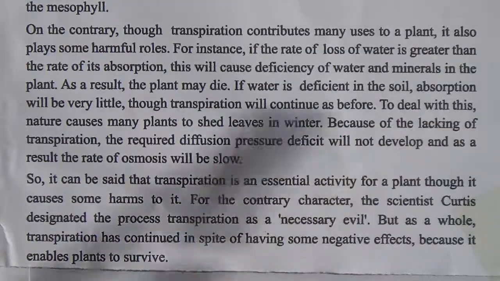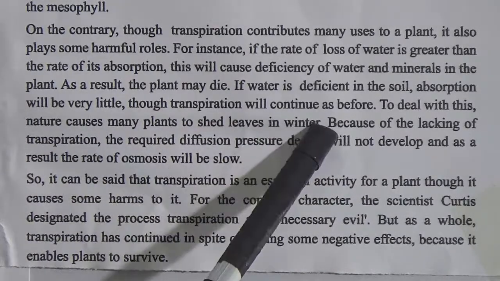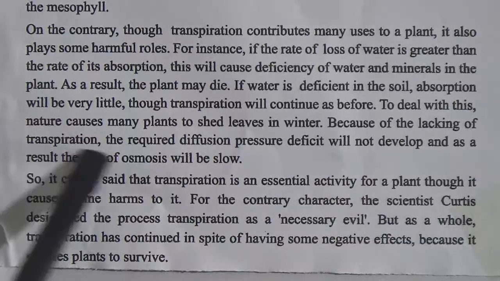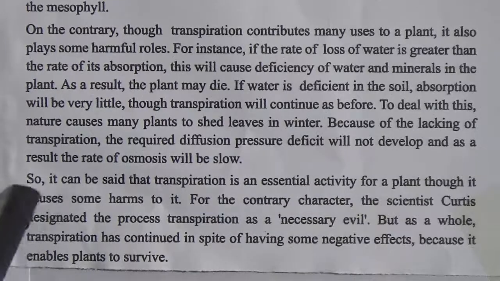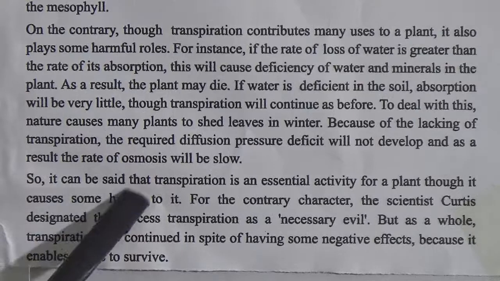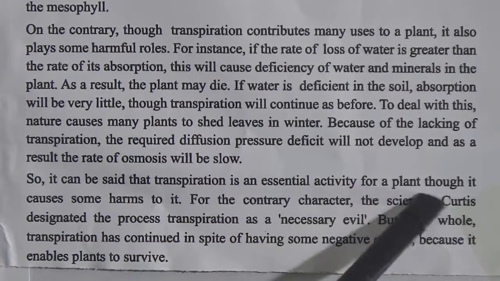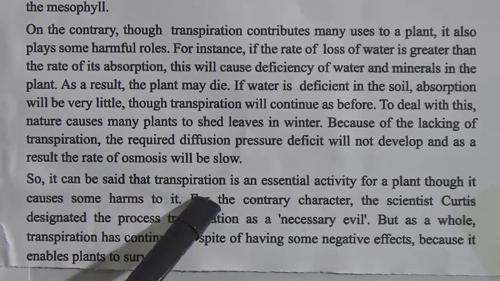To deal with this, nature caused many plants to shed leaves in winter, and because of the lack of transpiration, the required diffusion pressure deficit will not develop, and as a result the rate of osmosis will slow. So it can be said transpiration is an essential activity for a plant, though it causes some harm to it.